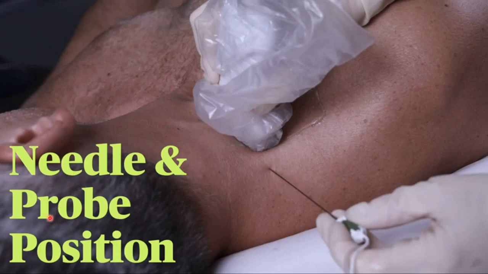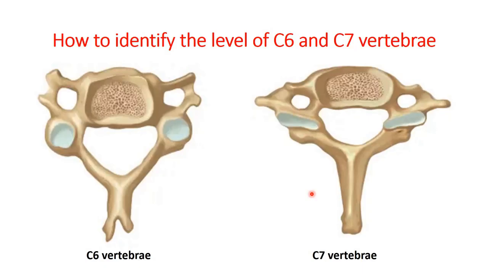When I perform it, I ask my patient to turn the head towards the opposite side, and I keep a pillow below the head, providing slight neck flexion to aid proper visualization of the image and provide no hindrance to my needle trajectory.